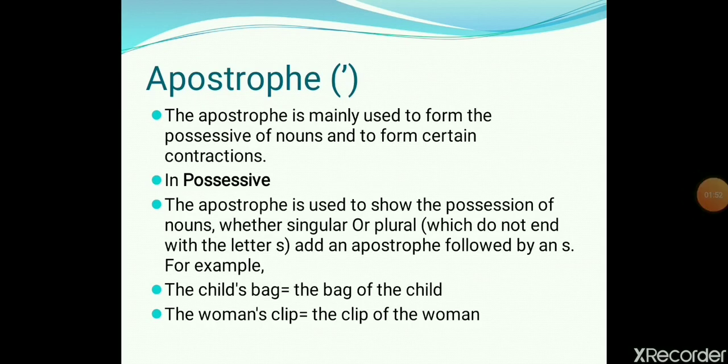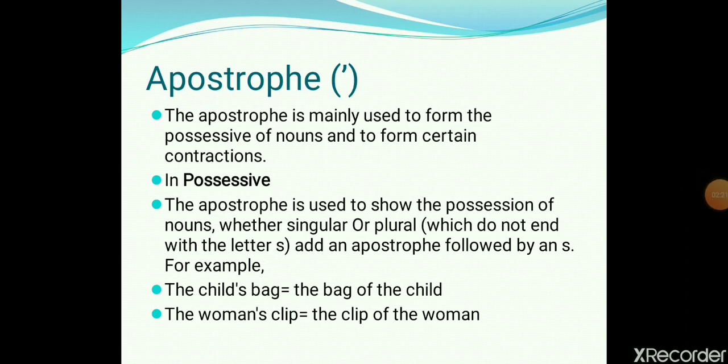The apostrophe is used to show the possession of nouns, whether singular or plural, which do not end with the letter S. Add an apostrophe followed by an S. This is rule 1. For example, the child's bag. Here, child is a singular noun, right? Where we place the apostrophe is very important.